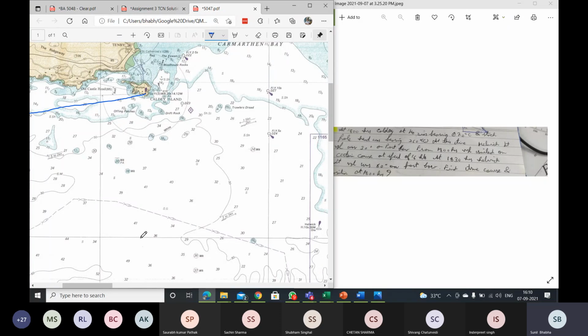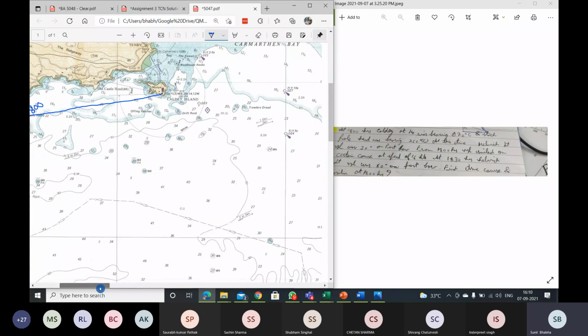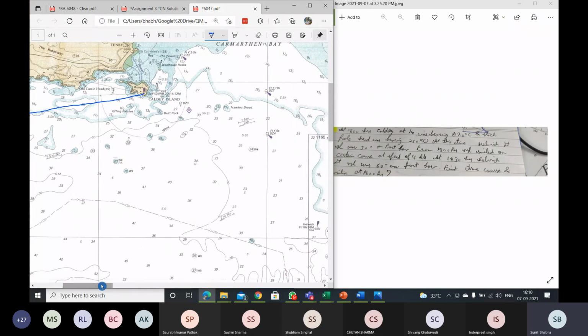Once the rough diagram is made, then I will do the final plotting. So for the sake of rough diagram, I'm picking up any one position here on this particular line. Let's say I have picked up this position. Let's name it as A. I have assumed for the moment that A is my 1800 position. You can pick up A anywhere on this line, any part of the line of your choice.